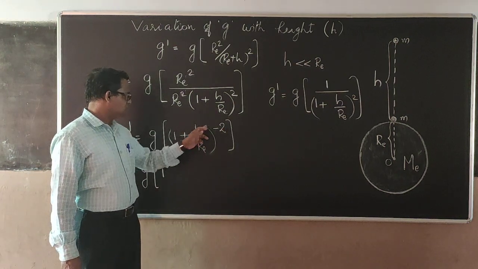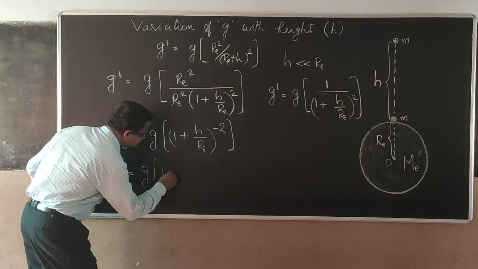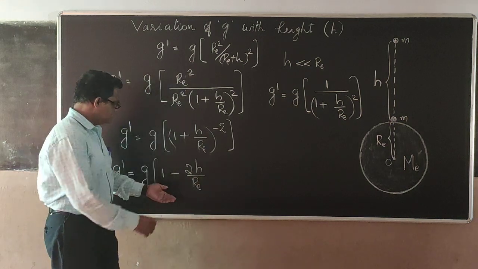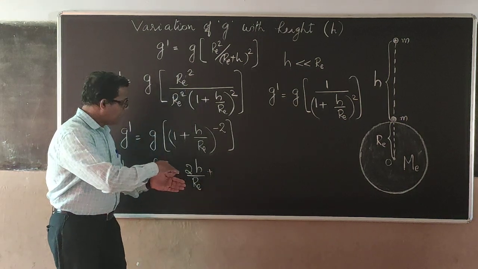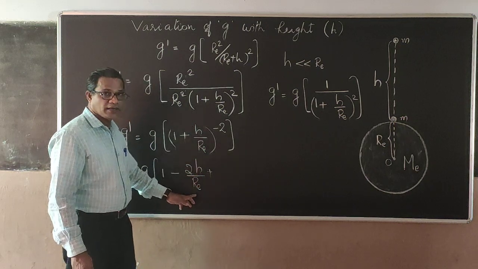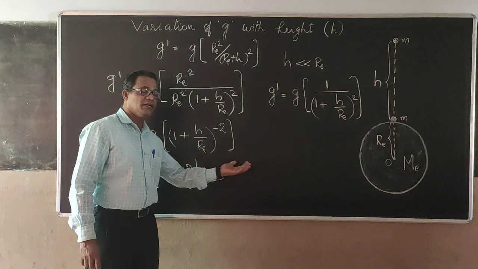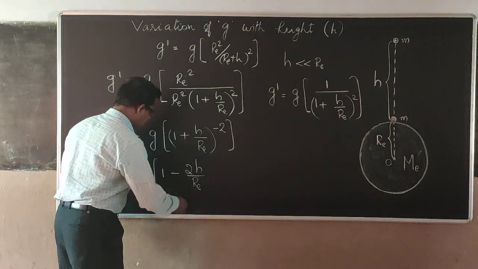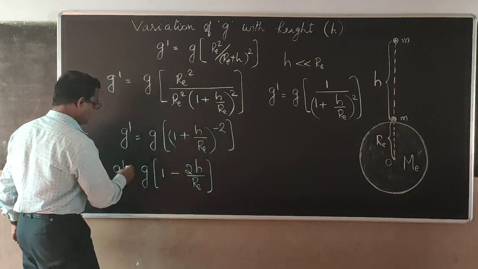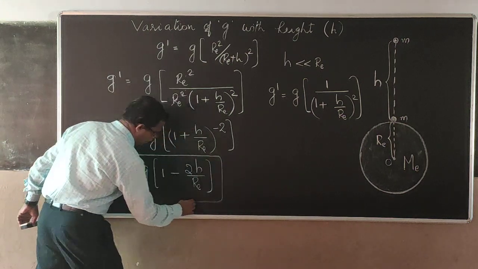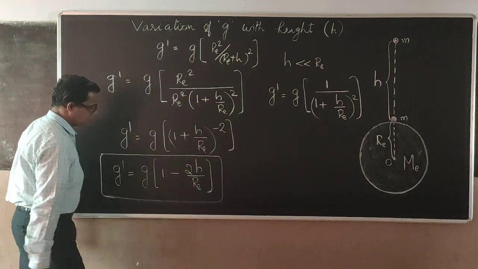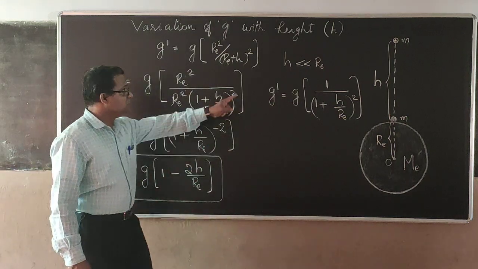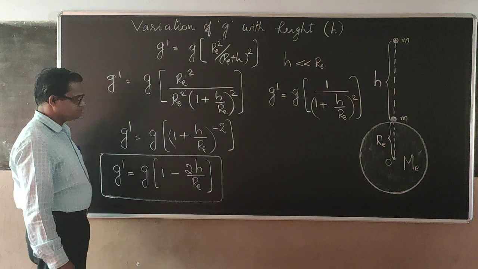Then minus 2 times H by RE, and next will be plus higher powers of H by RE. We will be limiting our discussion here, and we get an equation like this for the variation in acceleration due to gravity with respect to height, which is small compared to RE.